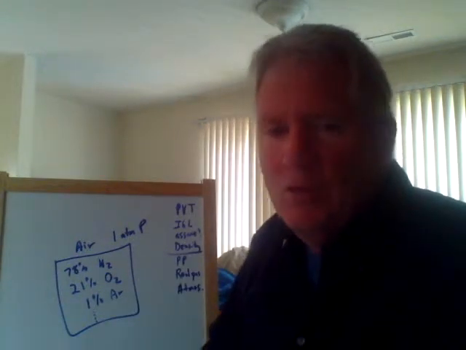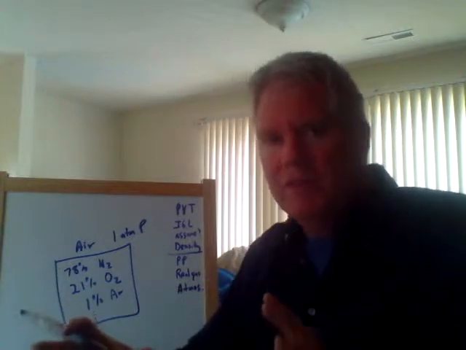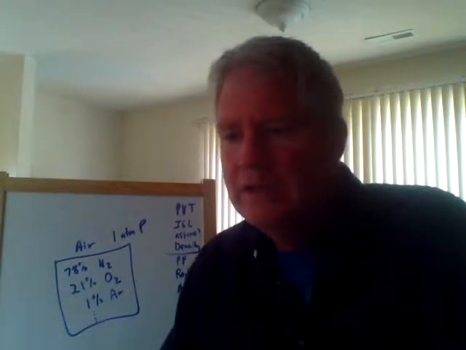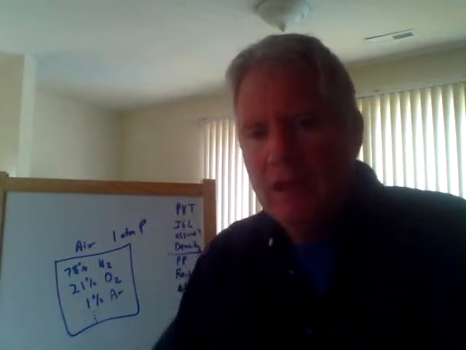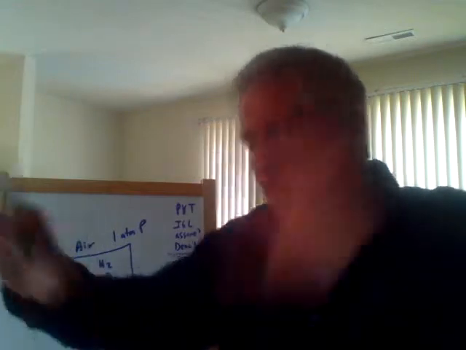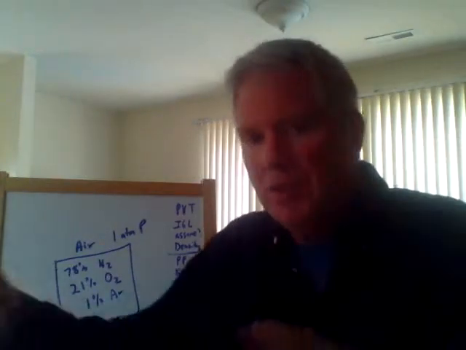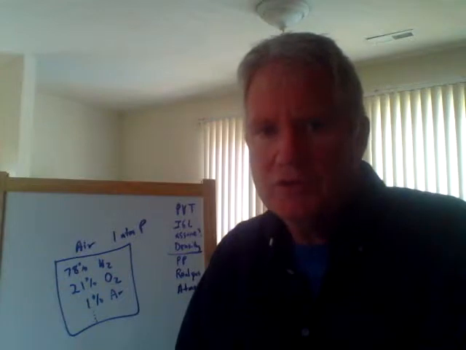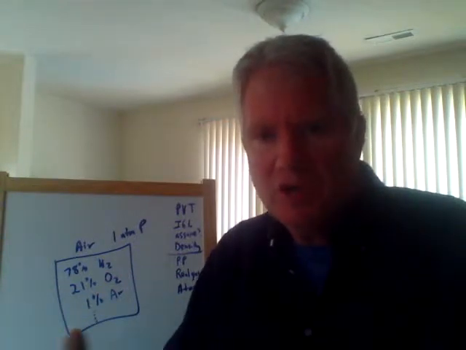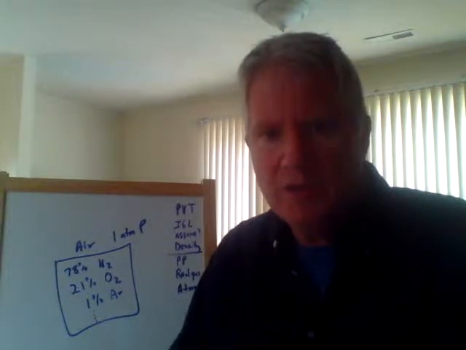Now, you might think, who really cares? But you'll see that there is a reason why this is important. You can think of this conceptually at a molecular level: we have all these gas molecules flying around in this container, bumping into the walls. So it's a valid question to ask how much of that pressure is caused by the nitrogen, how much by the oxygen, and how much by the argon.